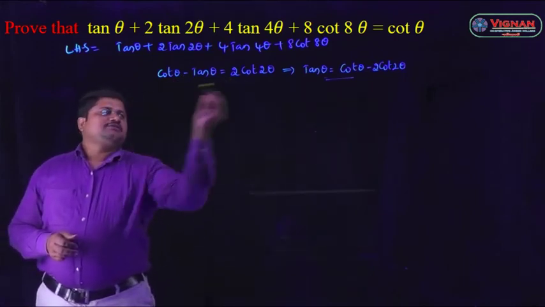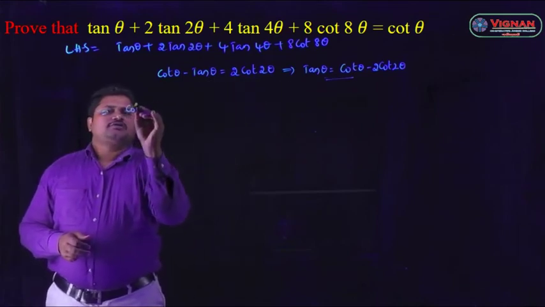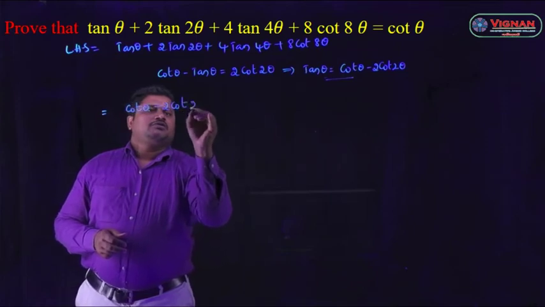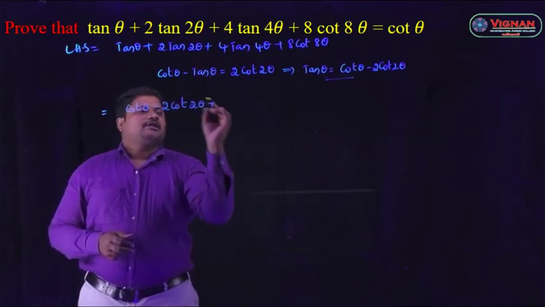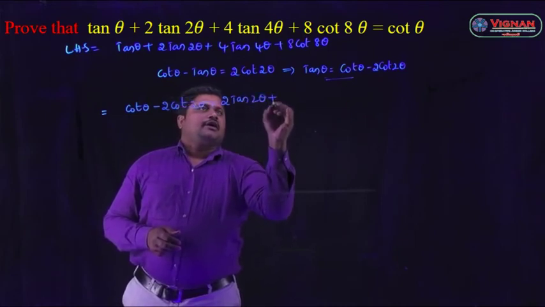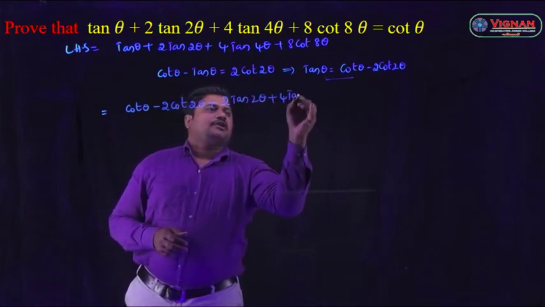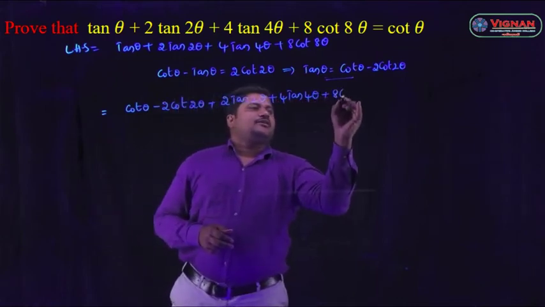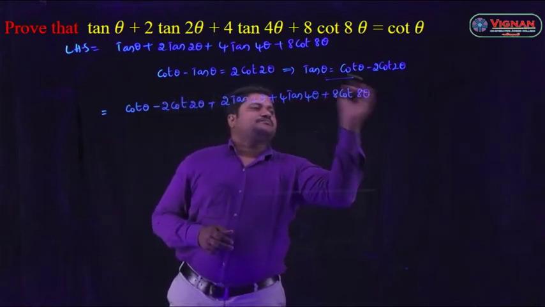So from this, tan theta is equal to cot theta minus 2 cot 2 theta, and the remaining terms are 2 tan 2 theta, 4 tan 4 theta plus 8 cot 8 theta.